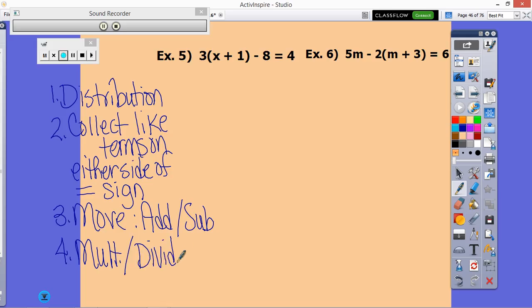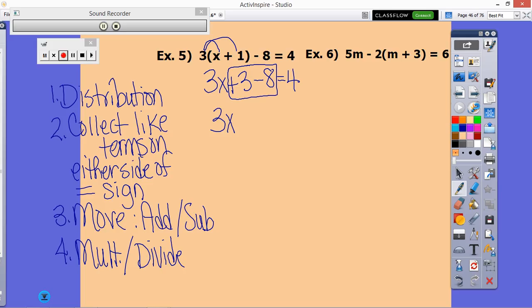So let's take a look at example number 5. The first thing we see is the distribution. So 3 is going to multiply by x, and 3 is going to multiply by 1. We leave the negative 8. Remember, 3 was not distributed to negative 8 because it's not in the group. At this point, I have this 3x that's kind of all alone, but then I have a plus 3 minus 8.